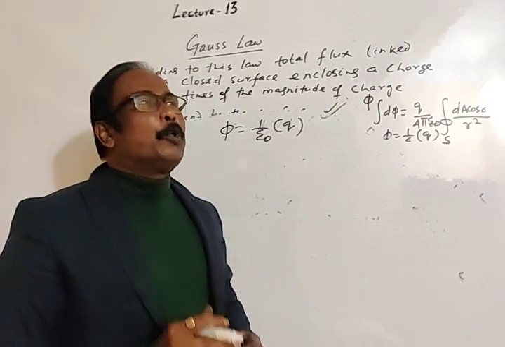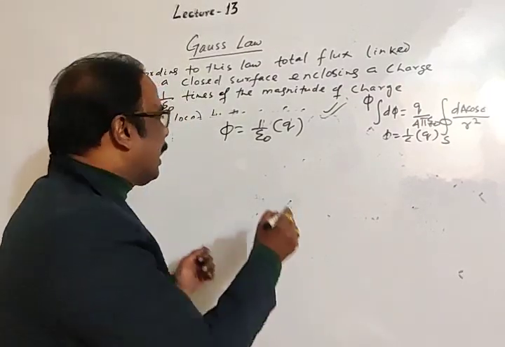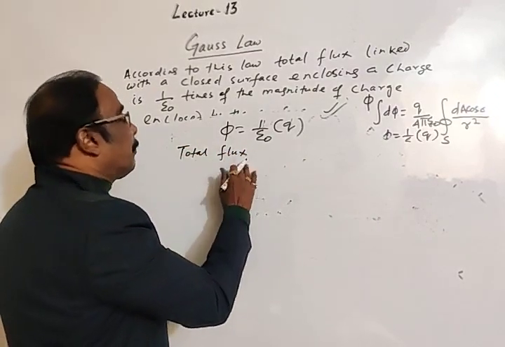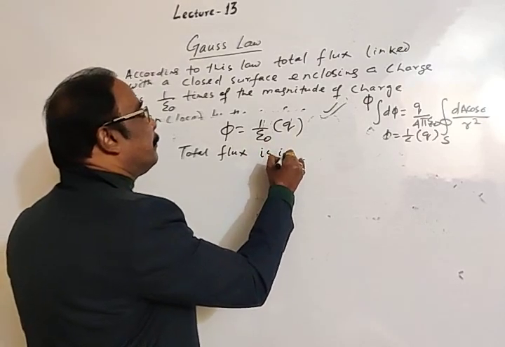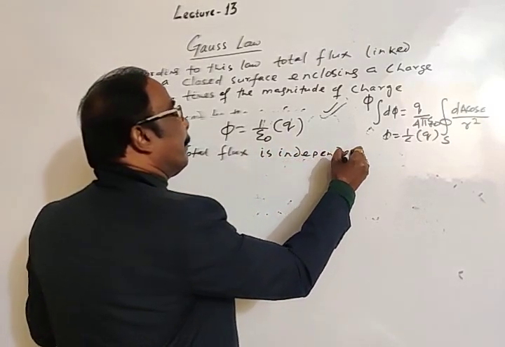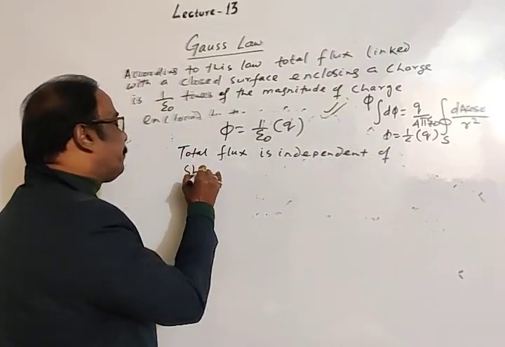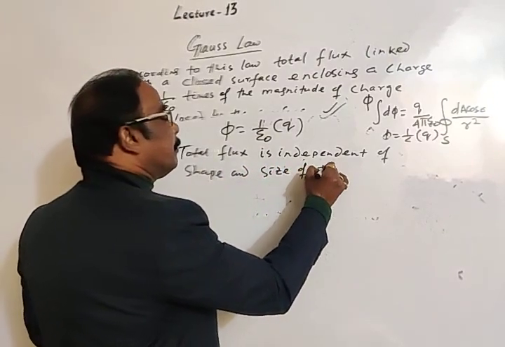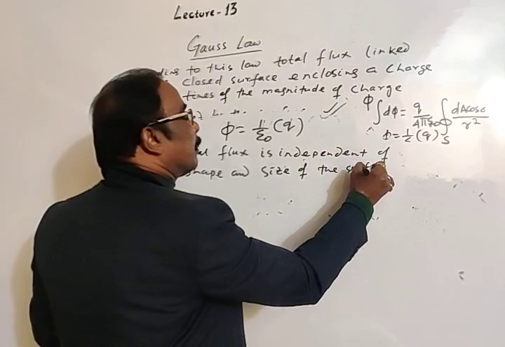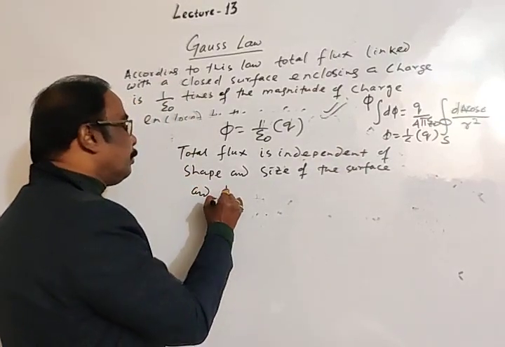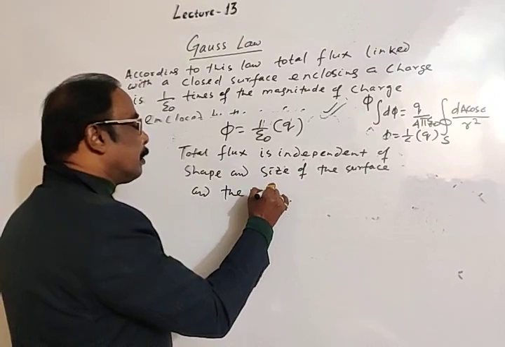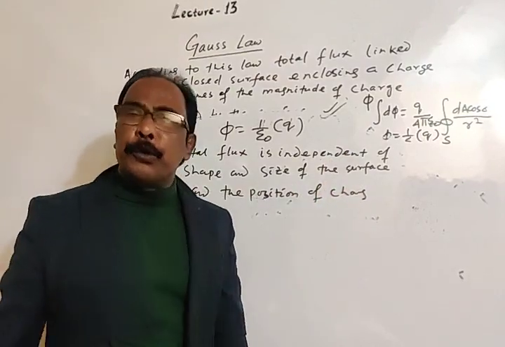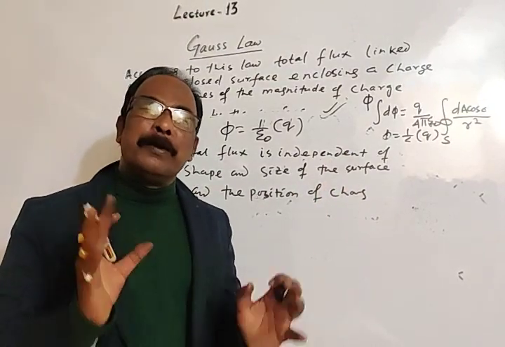Very important, the value of total flux is independent of the shape and size of the surface and the position of the charge. Total flux associated with a surface enclosing a charge.